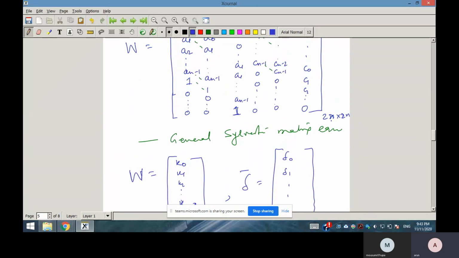This matrix is 2n cross 2n, because n is the plant order and n minus 1 is the controller order, so it will be 2n minus 1.